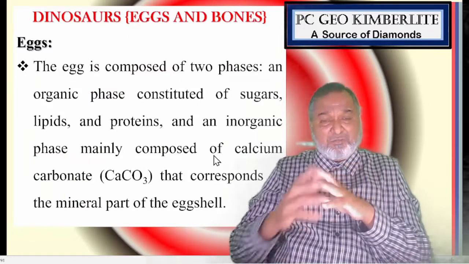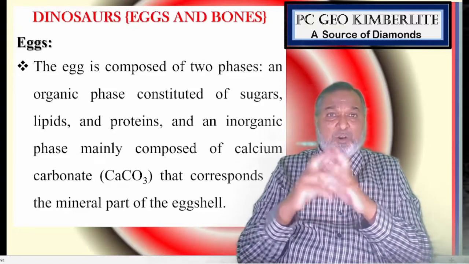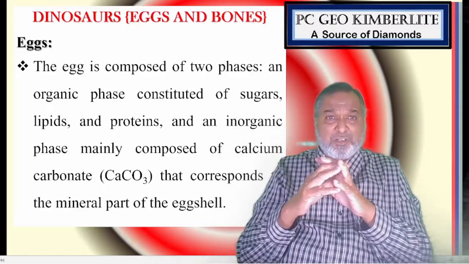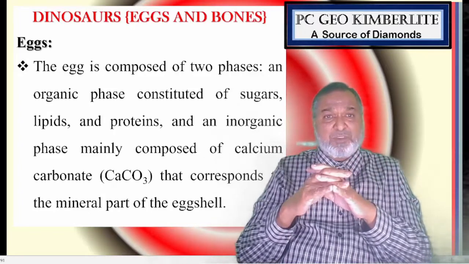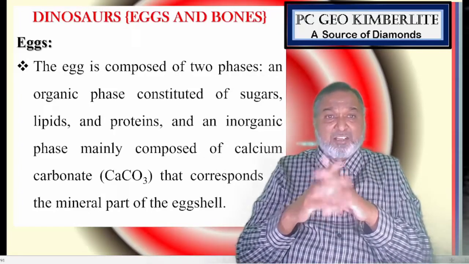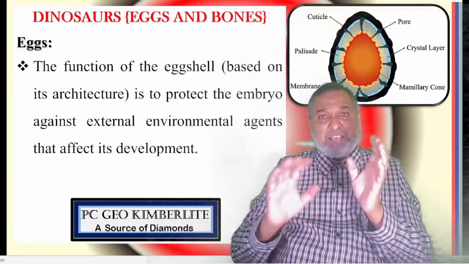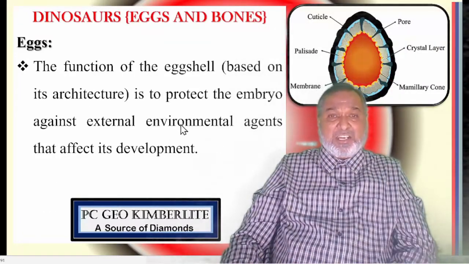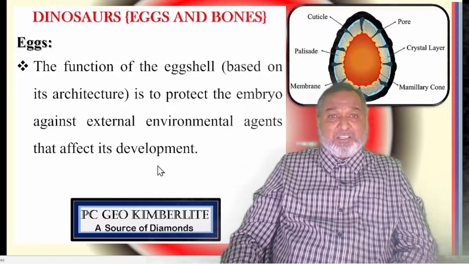The egg is composed of two phases: an organic phase consisting of sugars, lipids and proteins, and an inorganic phase mainly composed of calcium carbonate, corresponding to the middle part of the eggshell. The function of the eggshell, based on its architecture, is to protect the embryo against external environmental agents.